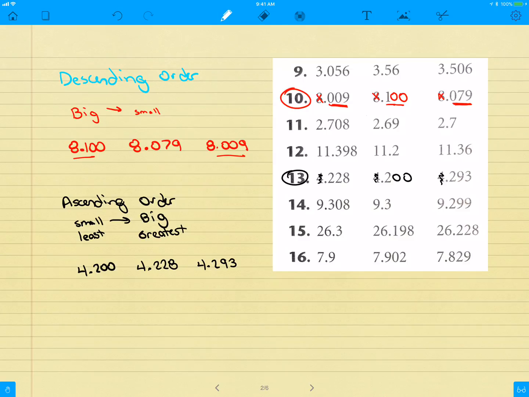And again, that's going small to big, so least to greatest, that would be the greatest value. Because again, in terms of money, $4.20, $4.22, $4.29. You can see which one would be the biggest number. But again, the length of the numbers doesn't make the difference. It's actually the value of it, and that's what we're looking at.